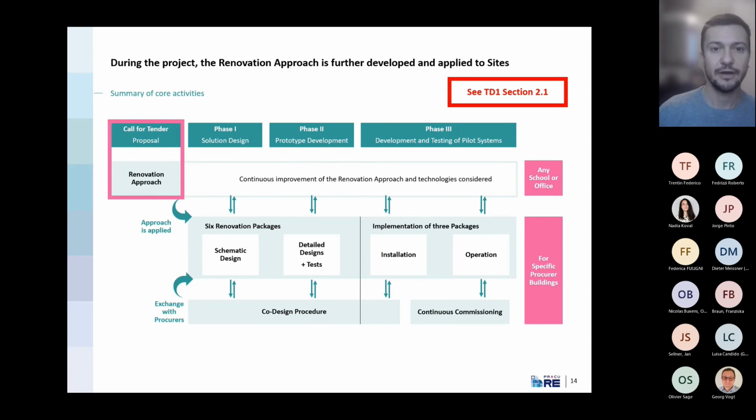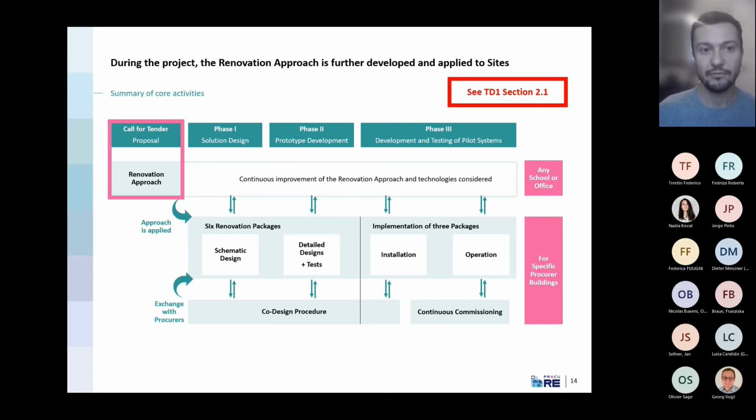And this occurs in a close dialogue with the procurers and other relevant stakeholders in this process. We also have this approach of continuous commissioning, where the supplying parties don't only install and leave, but also monitor and improve the operational performance of the systems to be delivered.